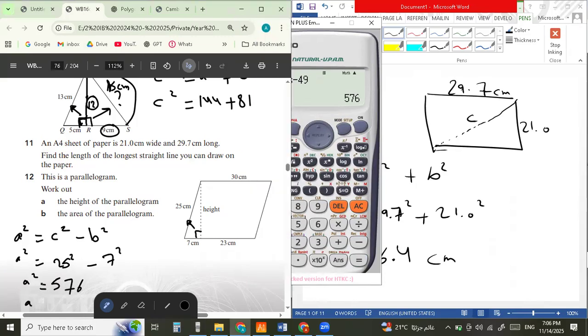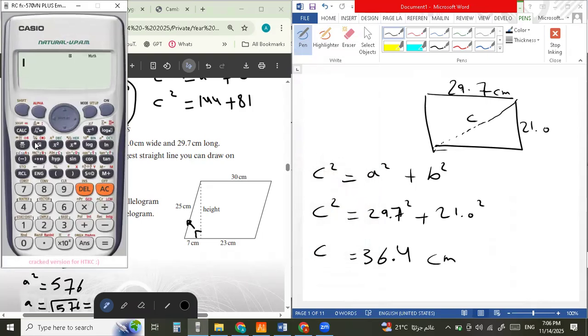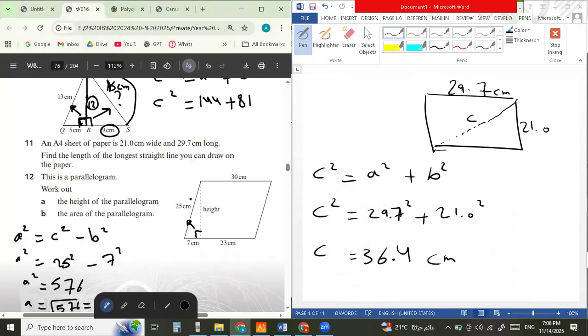Get the root of 576, which is 24 exactly. So A is what? I'm sorry, I don't have space to write it, so I'm going to write it over here. A is 24 centimeters. So I found that the height is 24 centimeters.